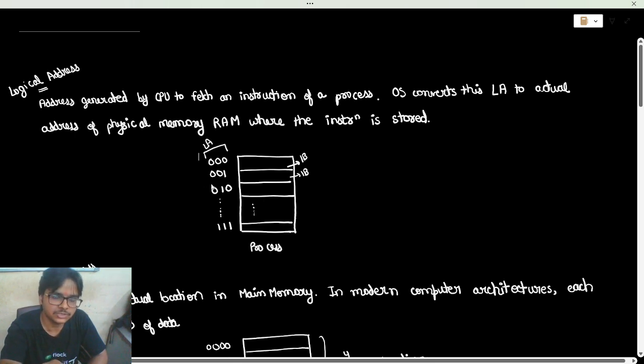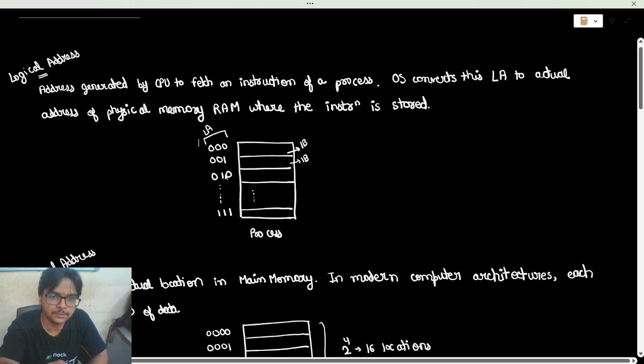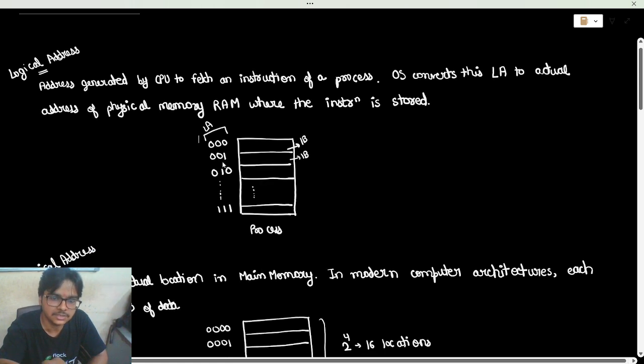This is why it is called logical address. The CPU knows this particular address and wants to know the instruction stored at it, but this is in relation to the process only.